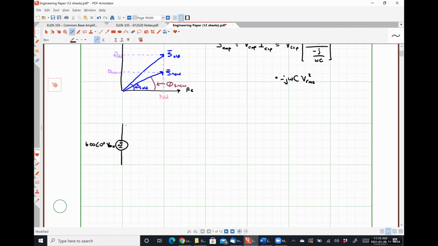We have a transmission line, which I am representing by an impedance Z_W that I'll define momentarily.